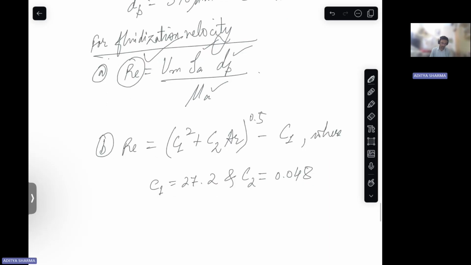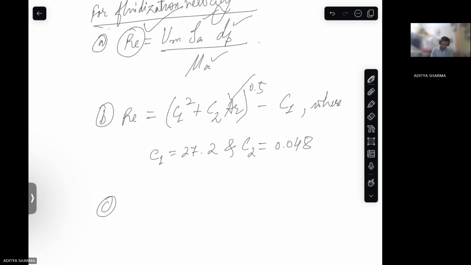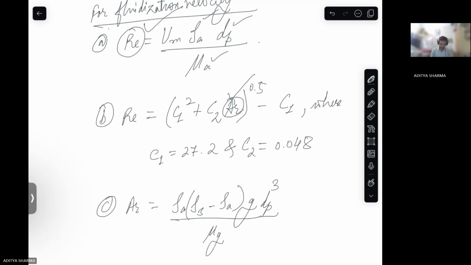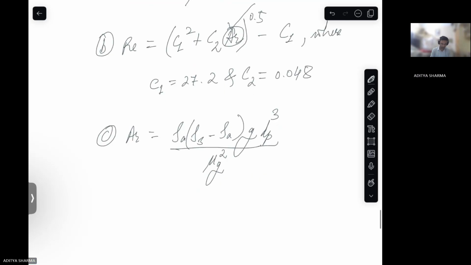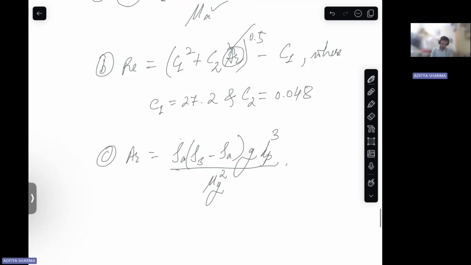So this way we can calculate the Reynolds number, but here we don't have the value of Ar. Everything else we know.